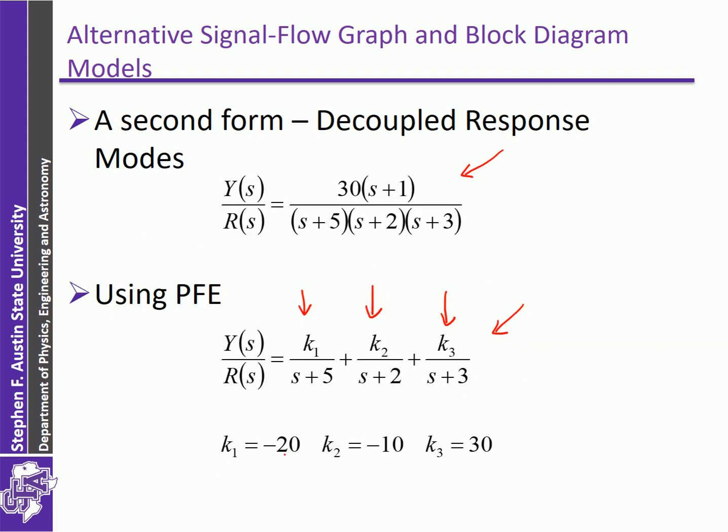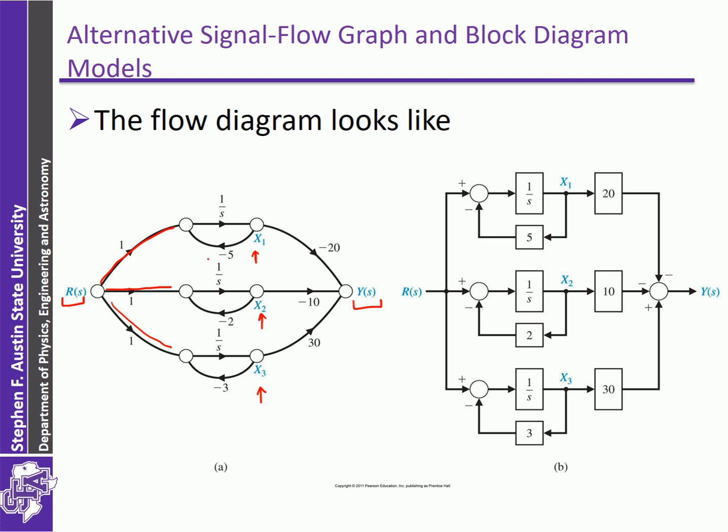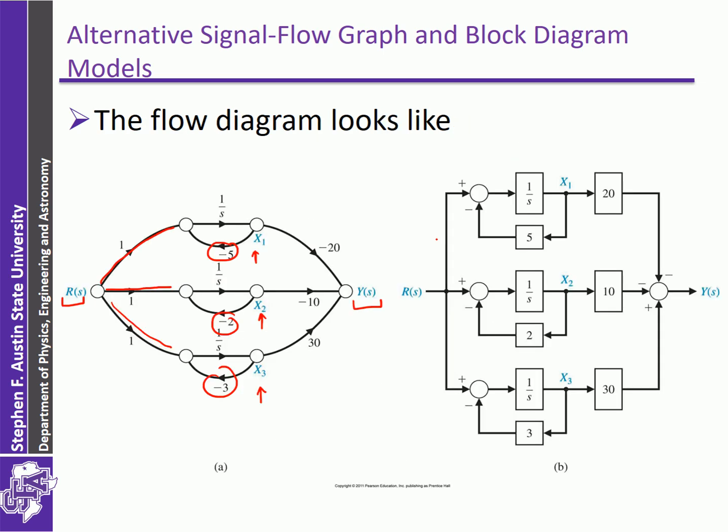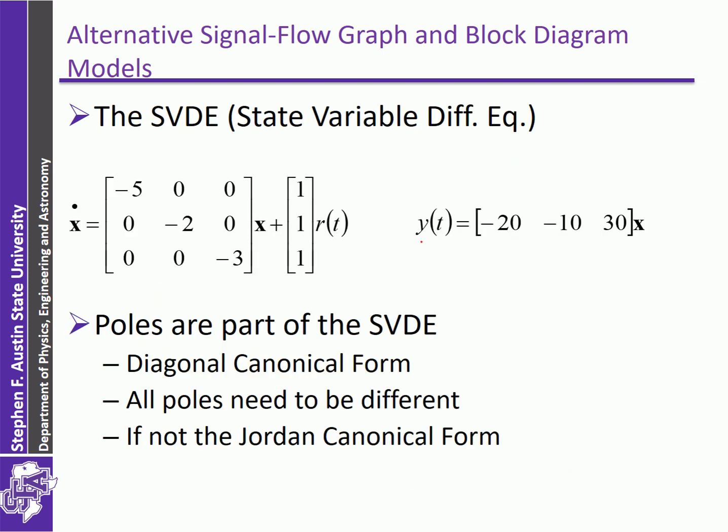So the output will be connected with different coefficients of our partial fraction decomposition, and then our feedback loops will be basically the poles or the roots of our polynomials in here. So this is very simple. Then if we go and build the state variable differential equation, what we get is basically something like this.